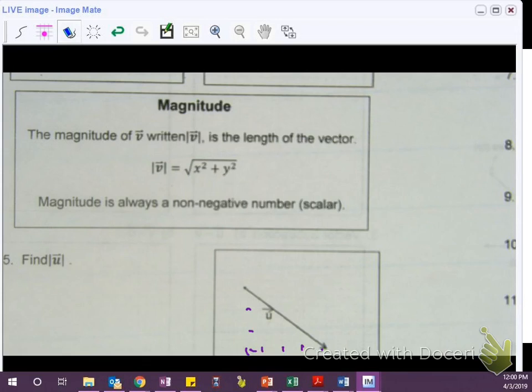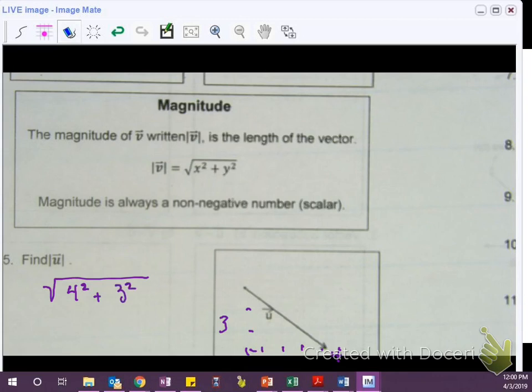So I'm looking at this as a 3 by 4. So if we're going to find the magnitude, if we're assuming this is at the origin, which is fine to do, then x squared plus y squared, 4 squared plus 3 squared.